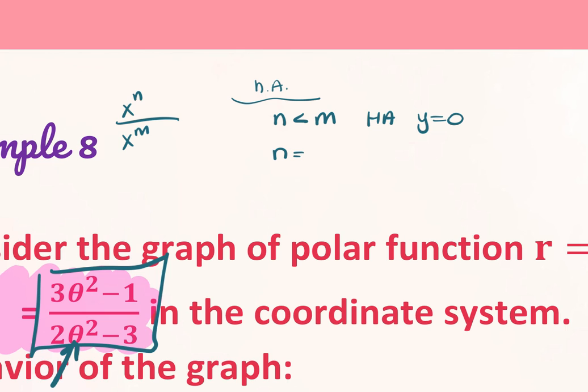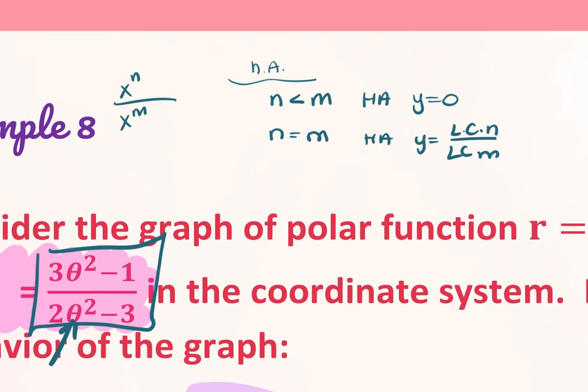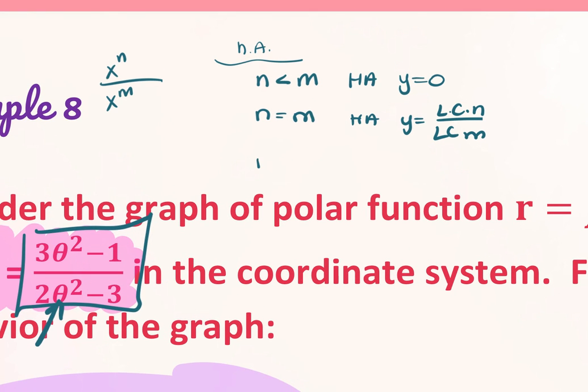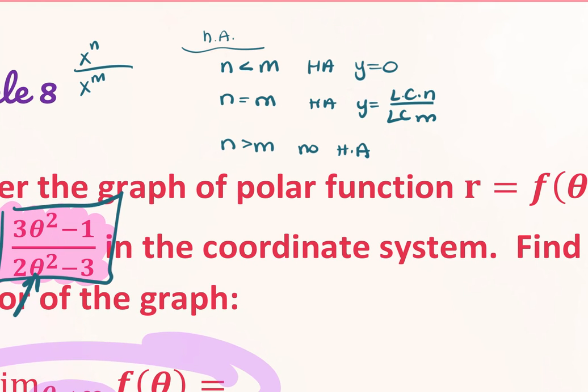If the exponents in the top and the bottom are equal to each other, then the horizontal asymptote occurs at y equals the leading coefficient of the numerator over the leading coefficient of the denominator. And if n is bigger than m, then there's no horizontal asymptote. This is where we focus on just the leading term in both the numerator and the denominator.